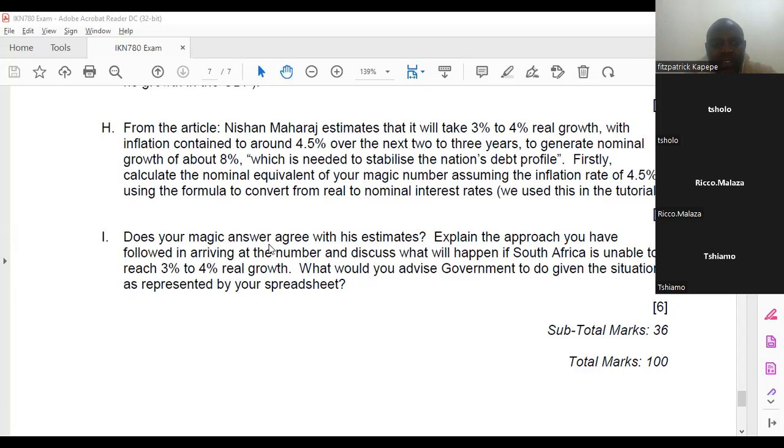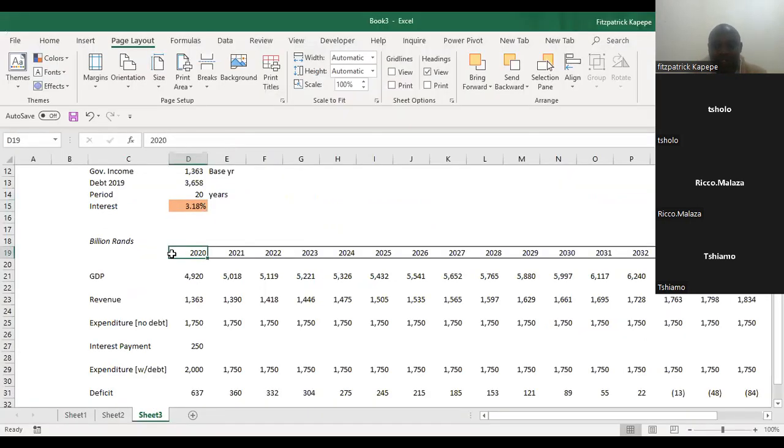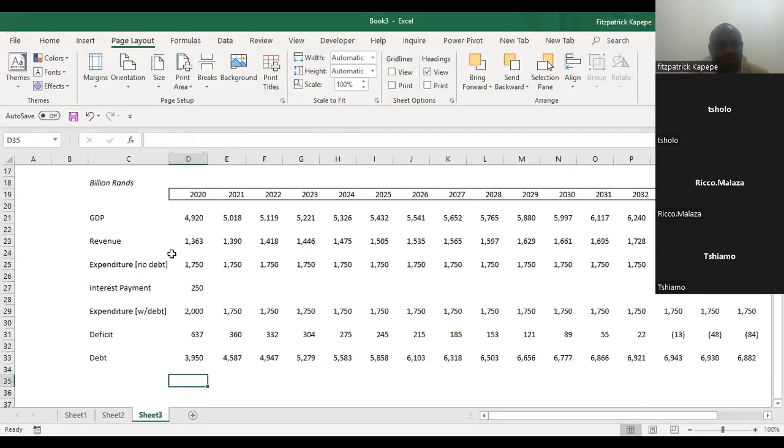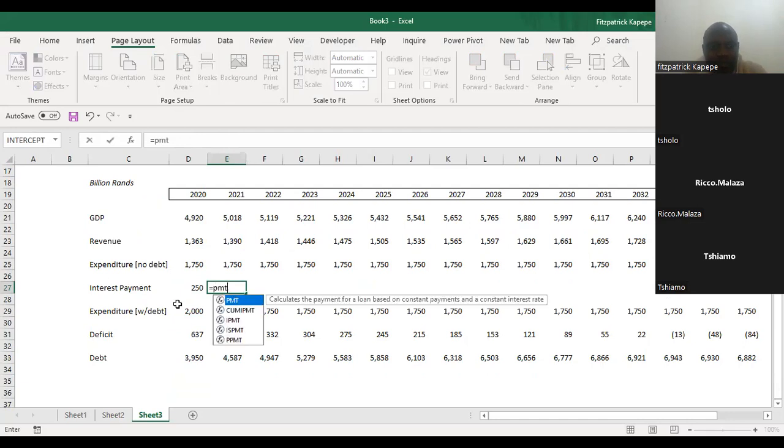Okay, so let's follow it here. Because we are saying PMT, you have PMT, because we want to calculate the interest there.